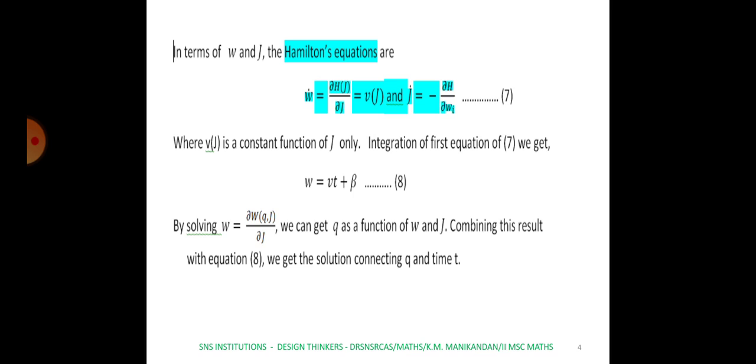While integrating w dot, you will get w equal to v t plus beta, where beta is a constant of integration. Name this equation as 8: w equal to v t plus beta.